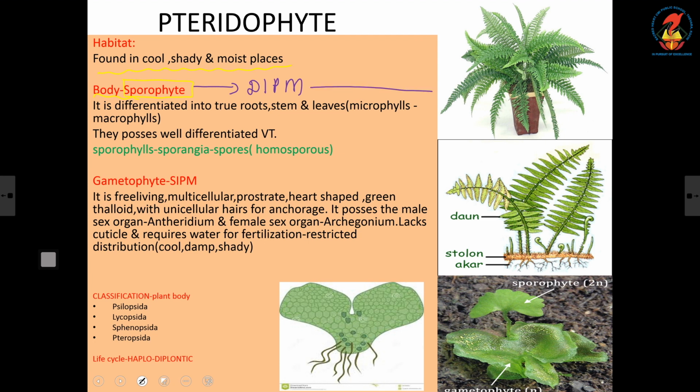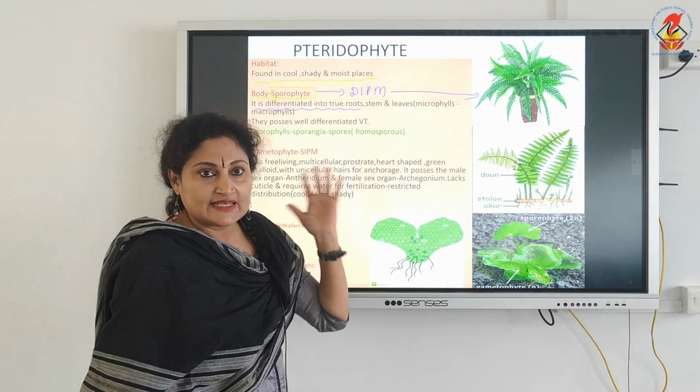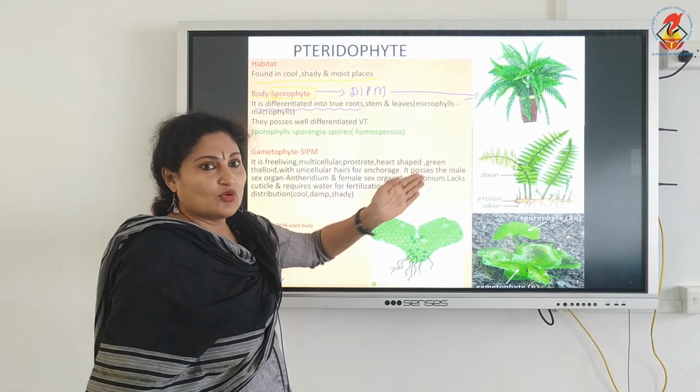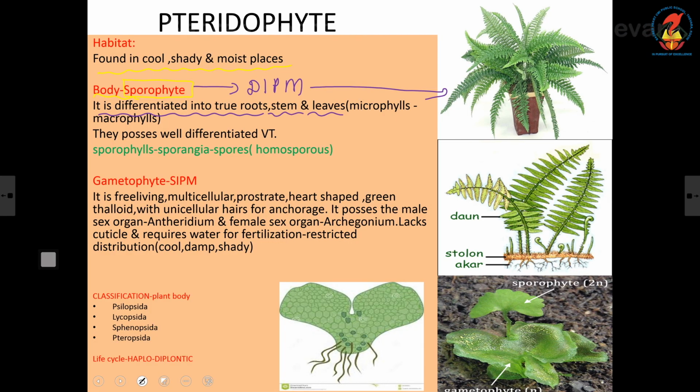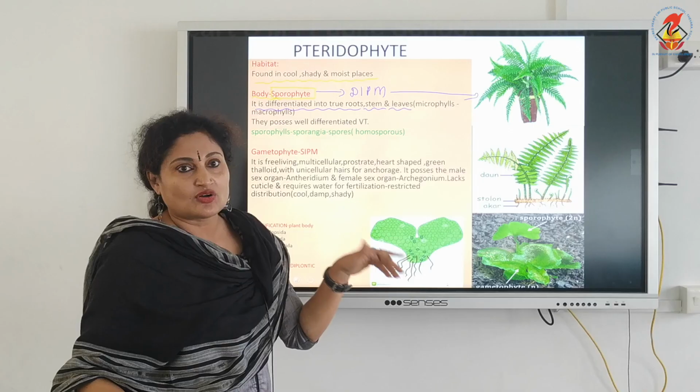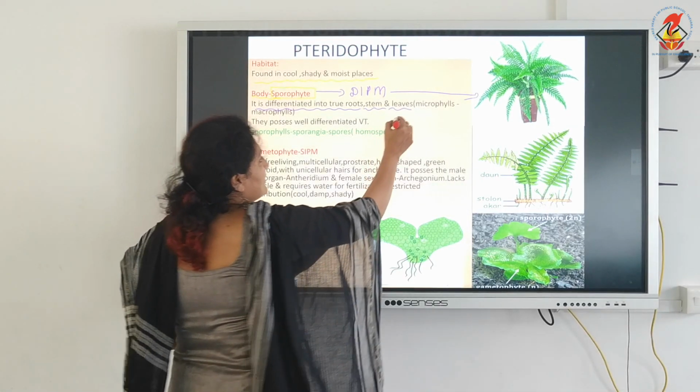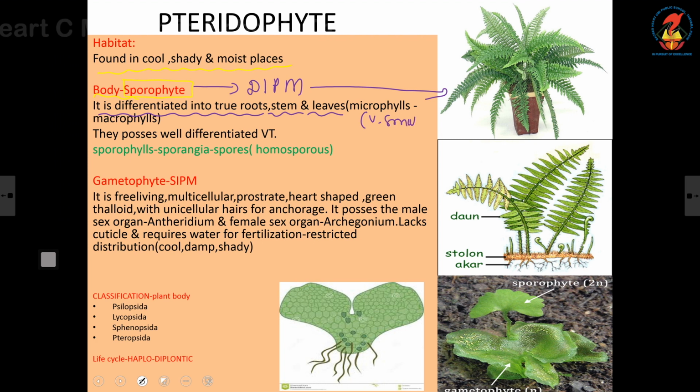Let's check the structure of the sporophyte. It is differentiated into true roots. Earlier we said false roots, root like, leaf like, stem like, but now it has become more advanced. It has true roots, true stem and true leaves. Now the leaves are not called leaves, they are called microphylls if they are very small, or if they are large they are called macrophylls.